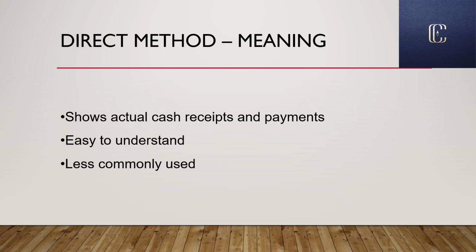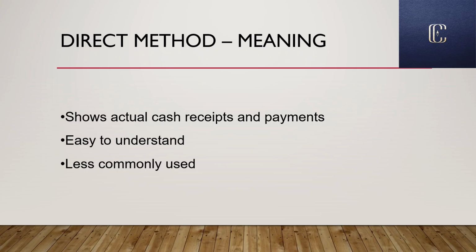Direct method is a way of preparing cash flow statement where we show the actual cash received and actual cash paid. That means cash collected from customers, cash paid to the suppliers, cash paid for salary, and cash paid for rent.